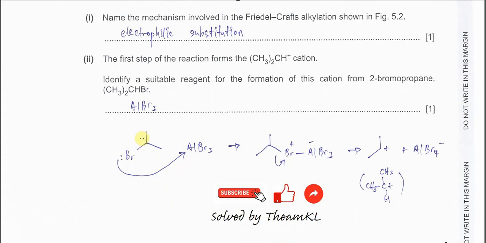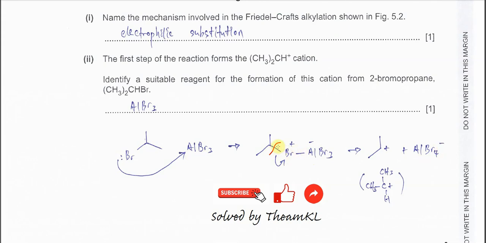The halogenoalkane that we used just now, the bromine will form a bond with the catalyst, the AlBr3. Eventually the C-Br bond will break here, and it will form AlBr4 negative.